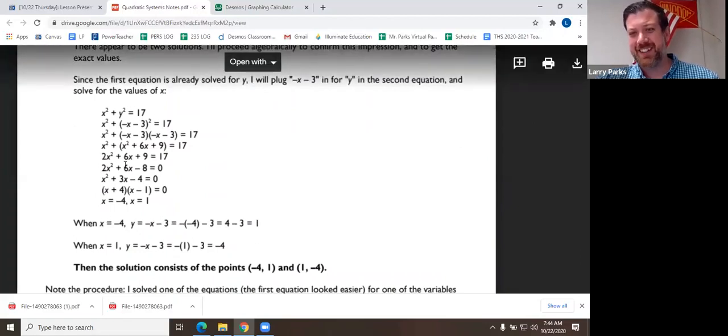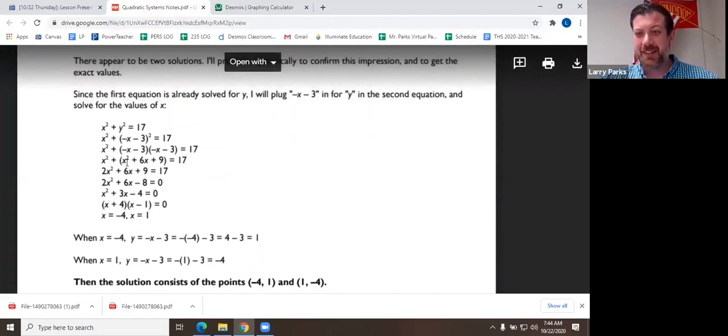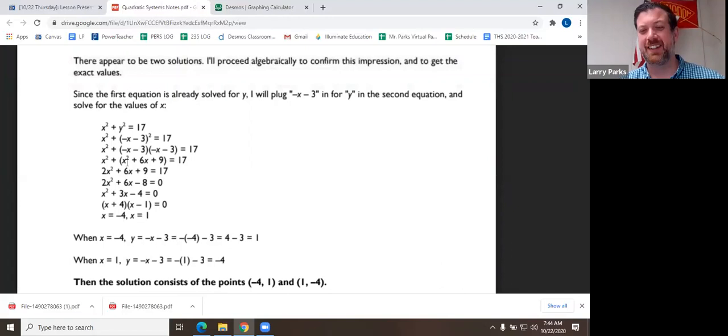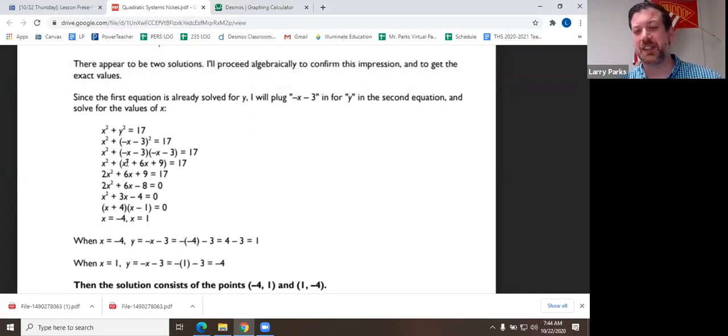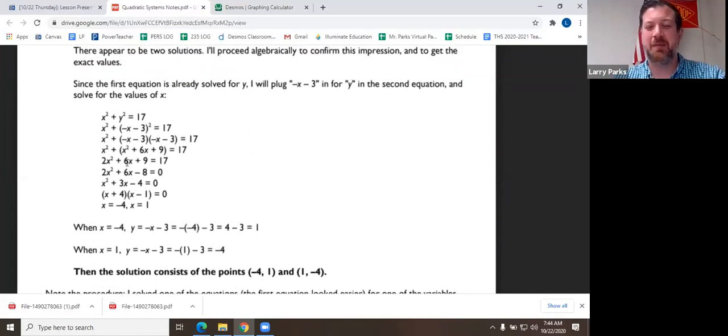And so you can see, yeah, these get pretty tricky pretty fast. Okay, so again, the work is out there. I'm not going to cover any of these algebraically on the video. I'll let you read the notes if you would like to see those. My main goal today is, can you look at a picture or get the picture and tell me, 1, how many solutions are there?